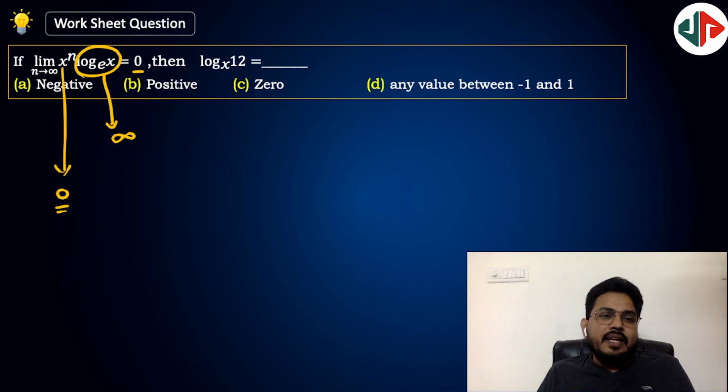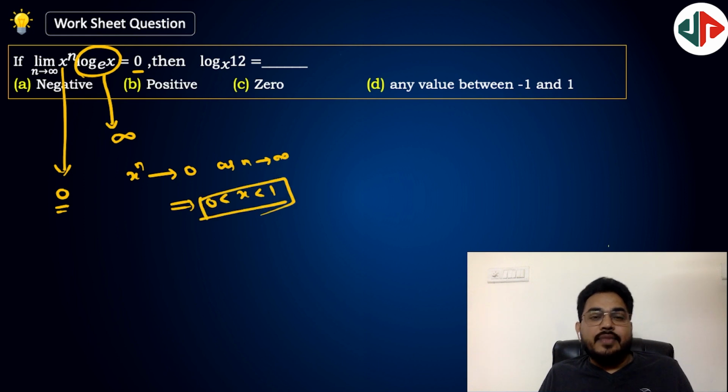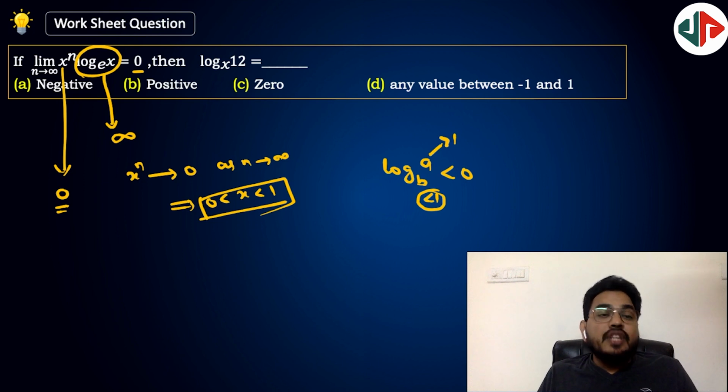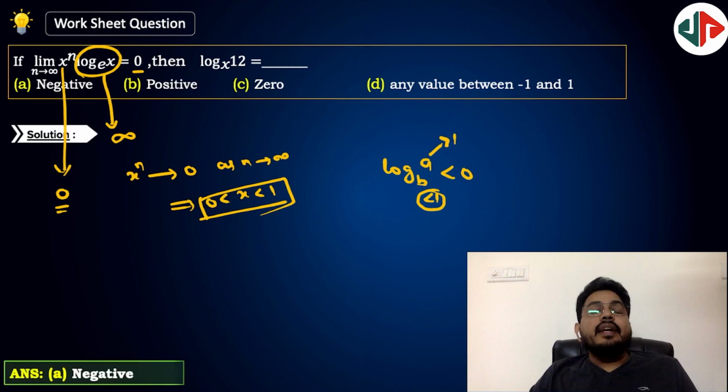So x to the power of n tending to 0 as n tending to infinity means x is less than 1. x lies between 0 and 1. If x is lying between 0 and 1, log a base b will be negative if this is greater than 1 and this is less than 1, or vice versa. So therefore, this value has to be negative.